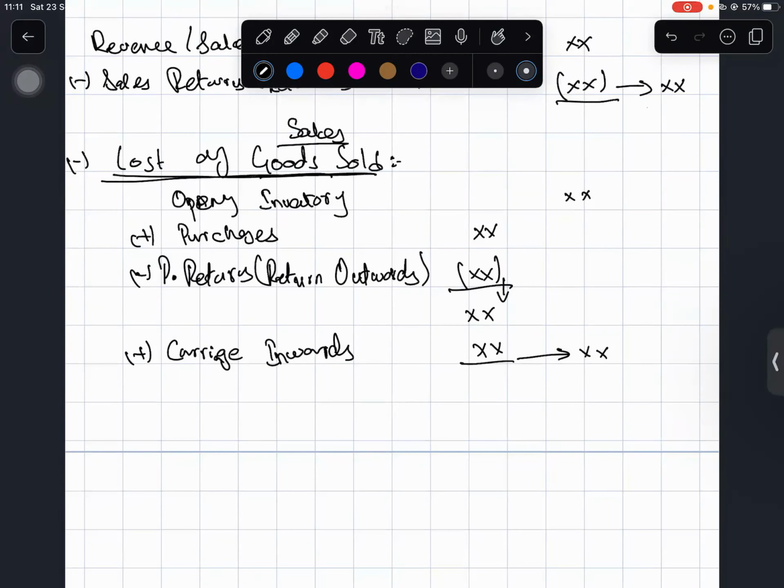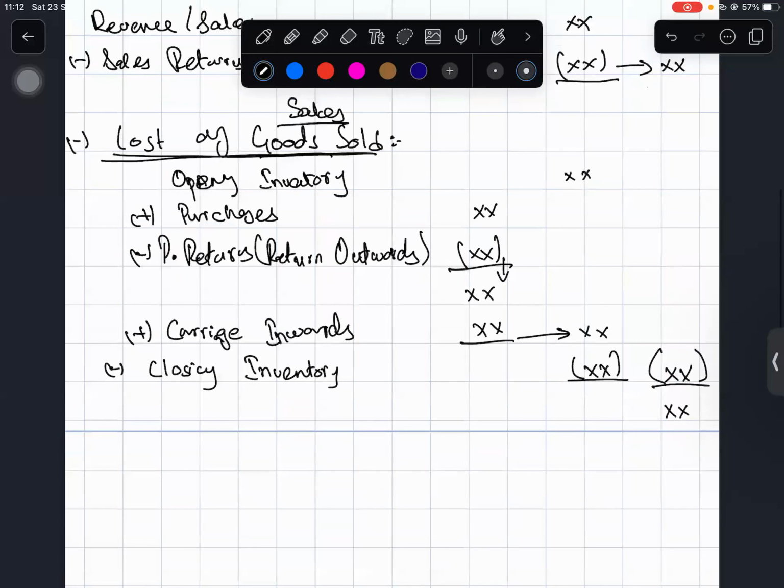Okay, and once this is done, then you subtract your closing inventory, subtract it here. The total cost of sales will come here. You will subtract it from the revenue above, and you will arrive at a figure for gross profit.